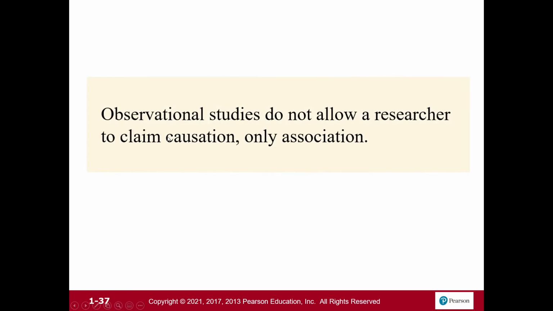Now, here's one thing to note: observational studies do not allow a researcher to claim causation, only association. Okay, so we can say that things are associated through an observational study, but we cannot say that one has caused the other. We need an experiment in order to do that.